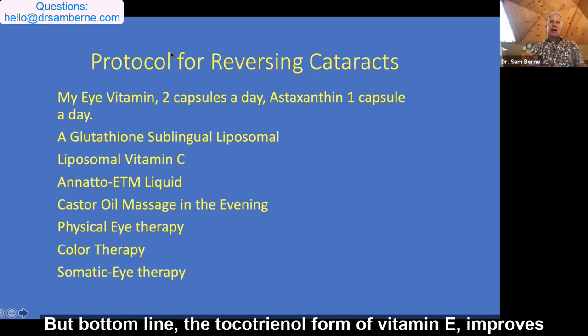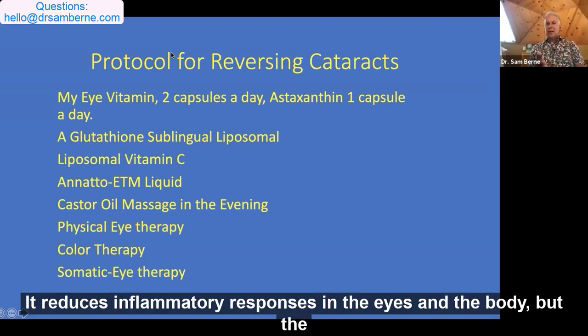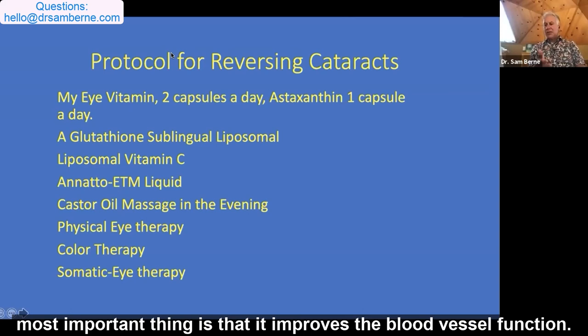But bottom line, the tocotrienol form of vitamin E improves cardiovascular health. It reduces cholesterol. It reduces inflammatory responses in the eyes and the body. But the most important thing is that it improves the blood vessel function.